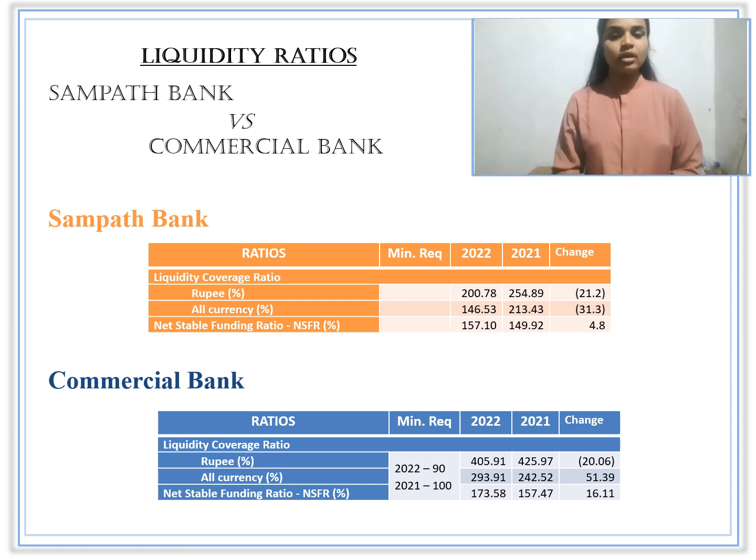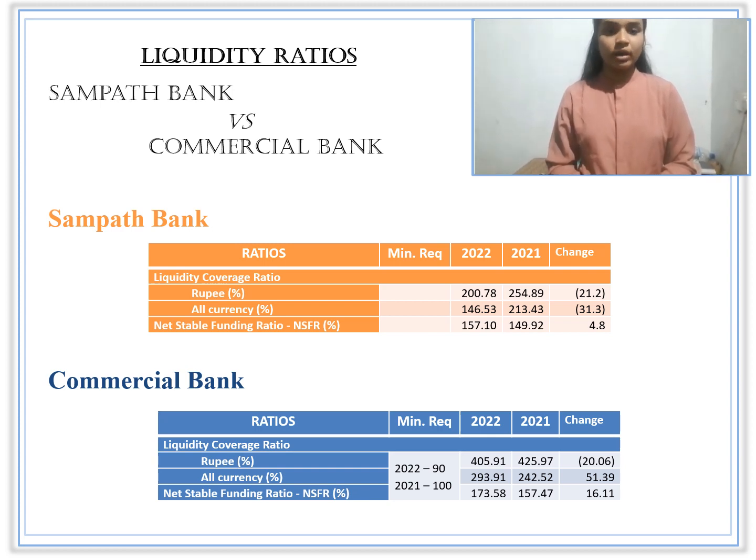And the same thing when we look at Commercial Bank, in 2022 it was 405.91 and in 2021 it was 425 in rupees. So there is a minus 20.06 change. Then we have the liquidity ratio in all currencies, in 2022 it's 293.91 and in 2021 it is 242.52, which is a 51.39 increase.